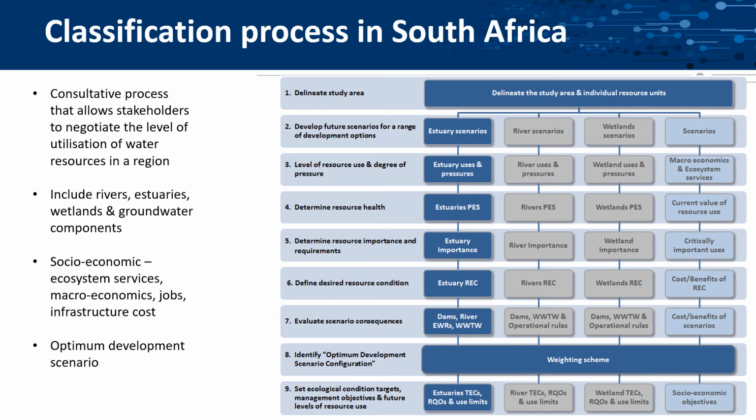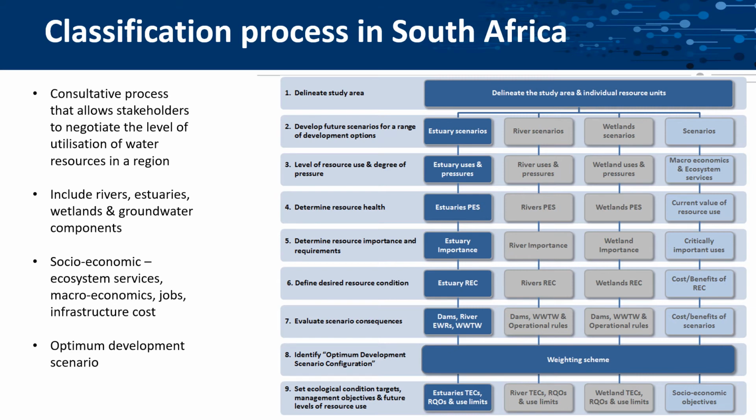The process includes rivers, estuaries, wetlands, and groundwater, and parallel to the flow requirements, in this case the estuaries, the rivers, the wetlands, there's also socioeconomic evaluation that's done looking at ecosystem services, macroeconomics, job creation, and infrastructure cost.